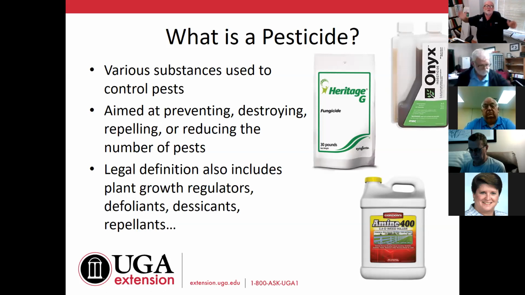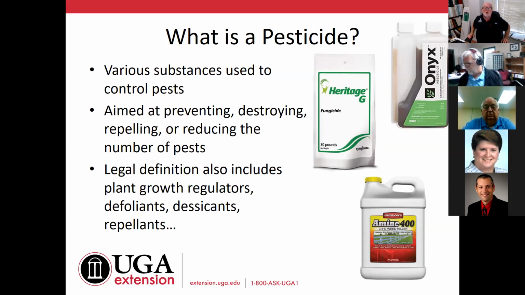Pesticides are those products that are designed to help us prevent, destroy, repel, or simply reduce the number of pests. So we use them as tools in the production of our crops. Legally, pesticides also include other type products, such as plant growth regulators, defoliants, desiccants, repellents, and the list goes on for that.